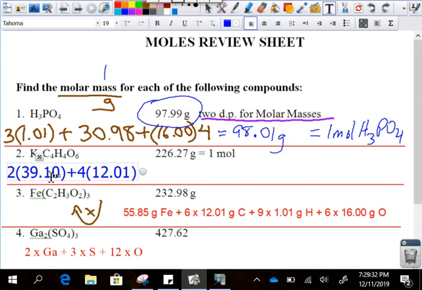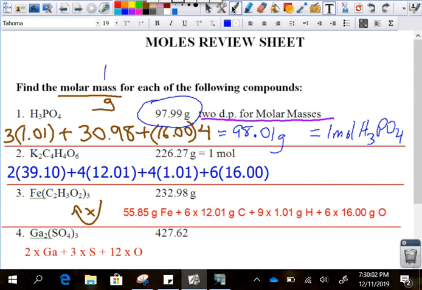And then I'm going to add that to the 4 hydrogens, and that's 1.01. Oops, 1.01. And then I'm going to add that to the 6 oxygens, which each one of them come in at 16.00. And so those masses, again from the periodic table, added together, equal the molar mass, which, as you can see just above in black, it's listed. Oops, that's the wrong thing. There we go.